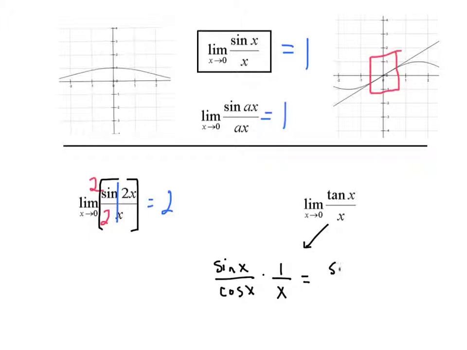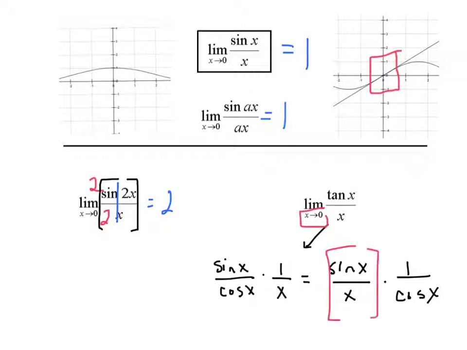What if I rewrote this as the sine of x over x multiplied by 1 over cosine of x? And now if I plug in 0, again to find the limit, this thing right here is 1, and this thing right here, well, cosine of 0 is 1, so this is 1. So it just becomes 1 multiplied by 1, which is 1.